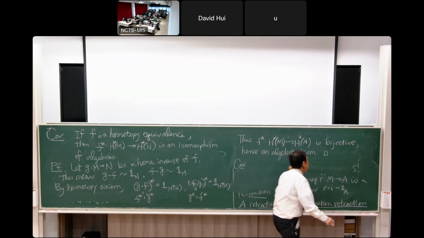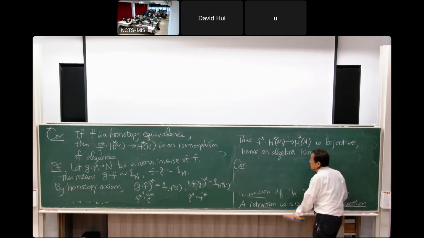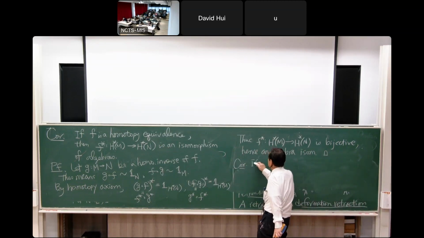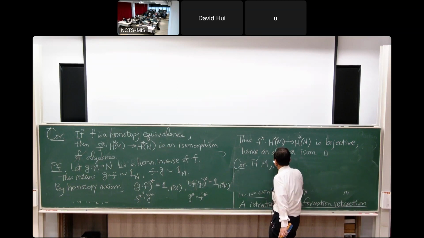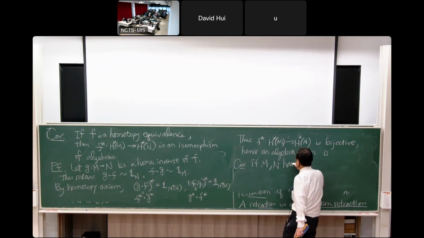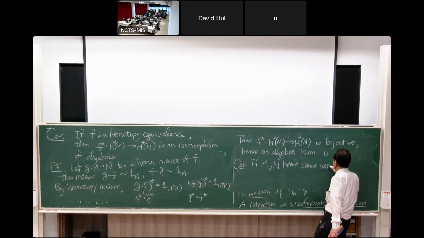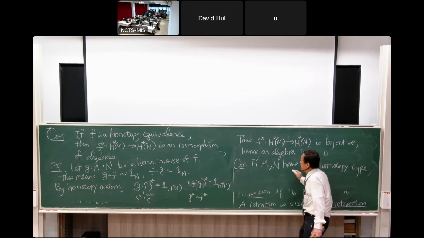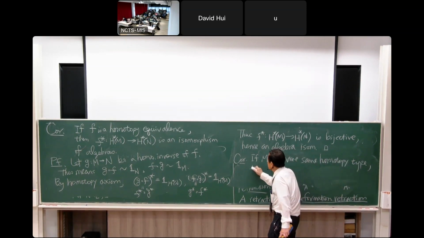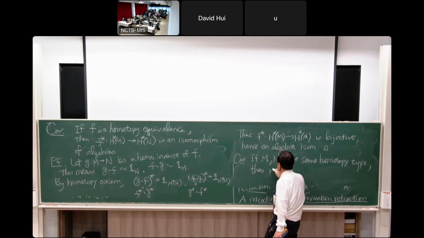So you can say that if M and N have the same homotopy type, then they have isomorphic cohomology.